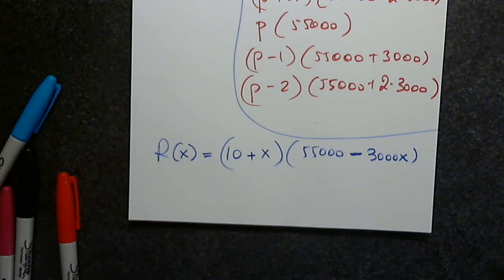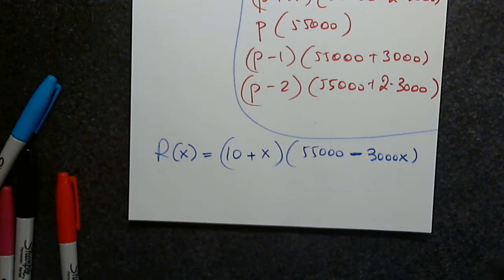If we increase the price by 1, we decrease the number of attendees by 3,000. If we increase the price by 2, we decrease the number of attendees by 6,000. If we increase the price by 3, then 3,000 times 3 is subtracted from 55,000.